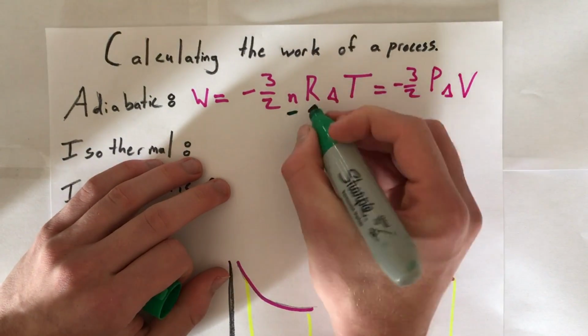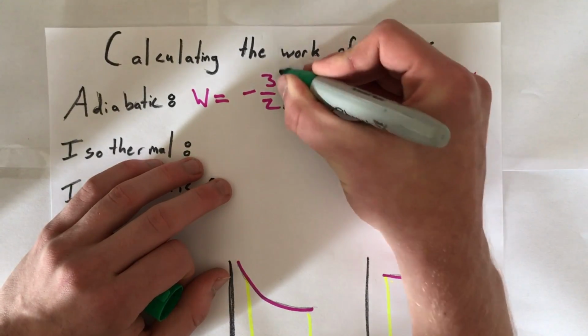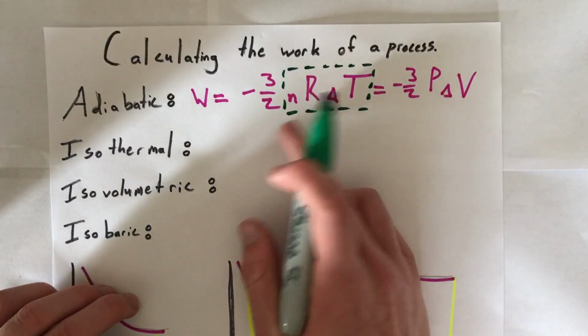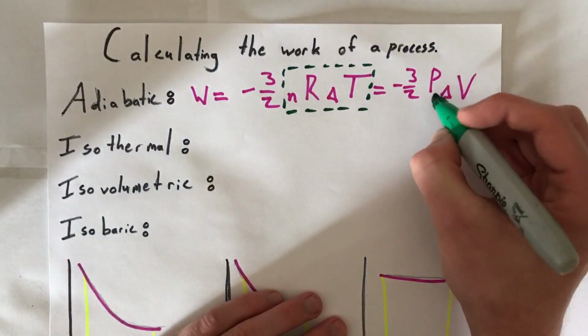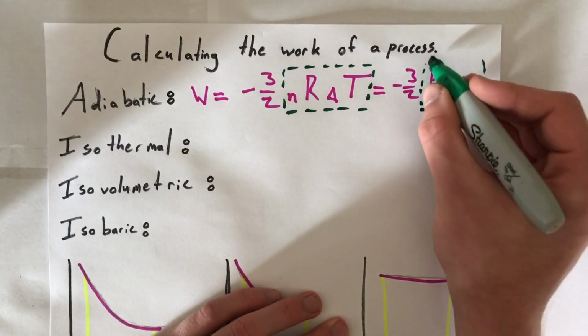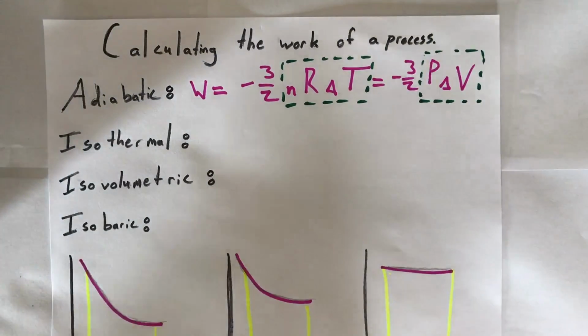This section right here, as we know, PV equals nRT, or in this case, nR change in T is equal to P change in V. We know this thanks to the formulas that Brandon gave us earlier on in the video.